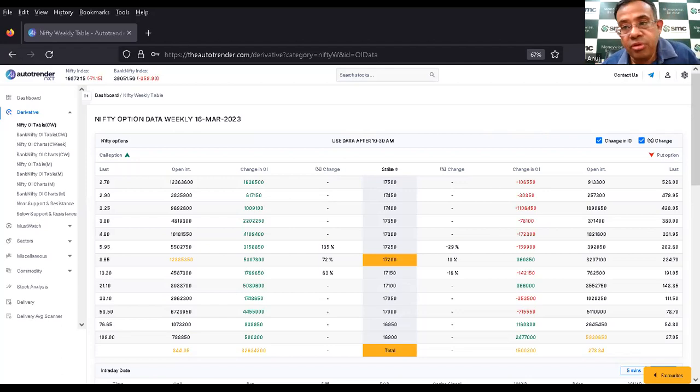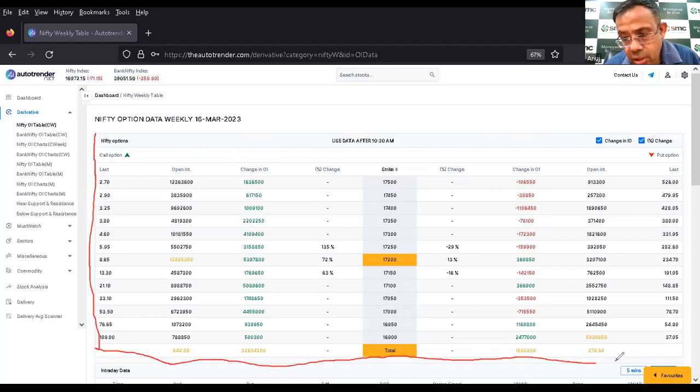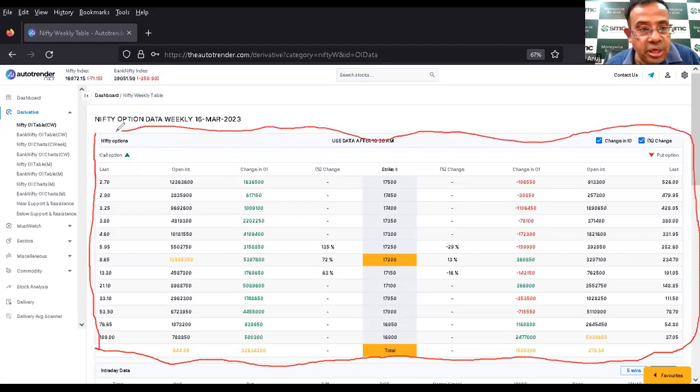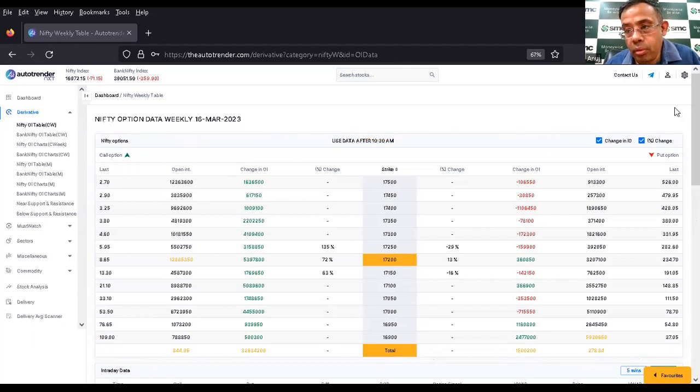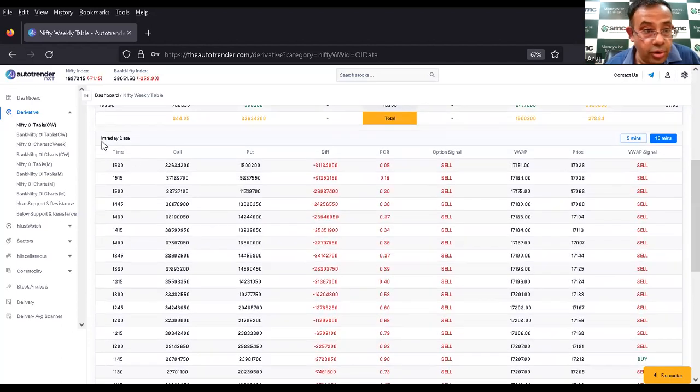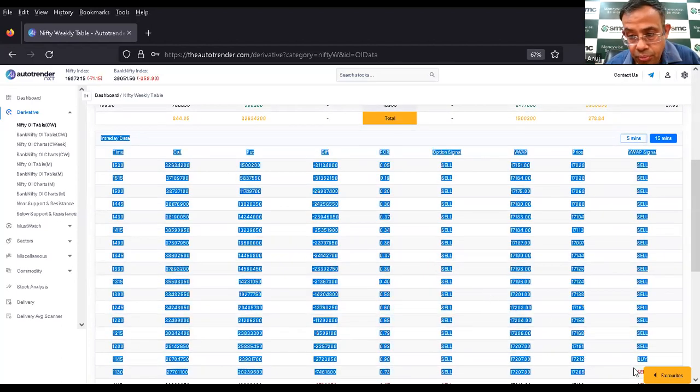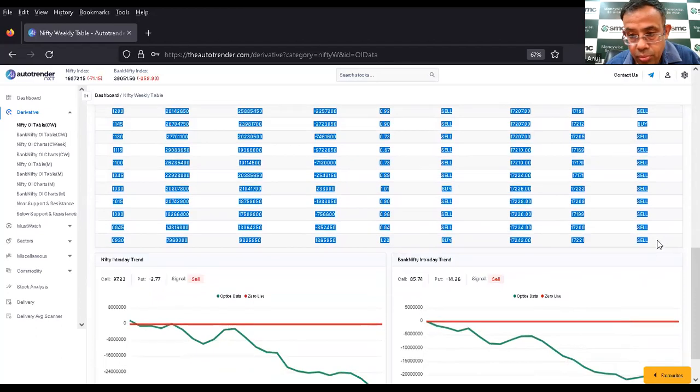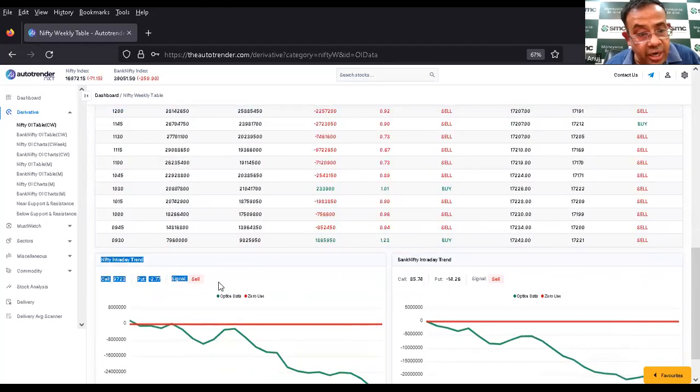One is the first part, the option analysis. Here you can see this is the first part, the whole option analysis. The second part is your intraday data. Here you can see intraday data. And the third part is your charting.